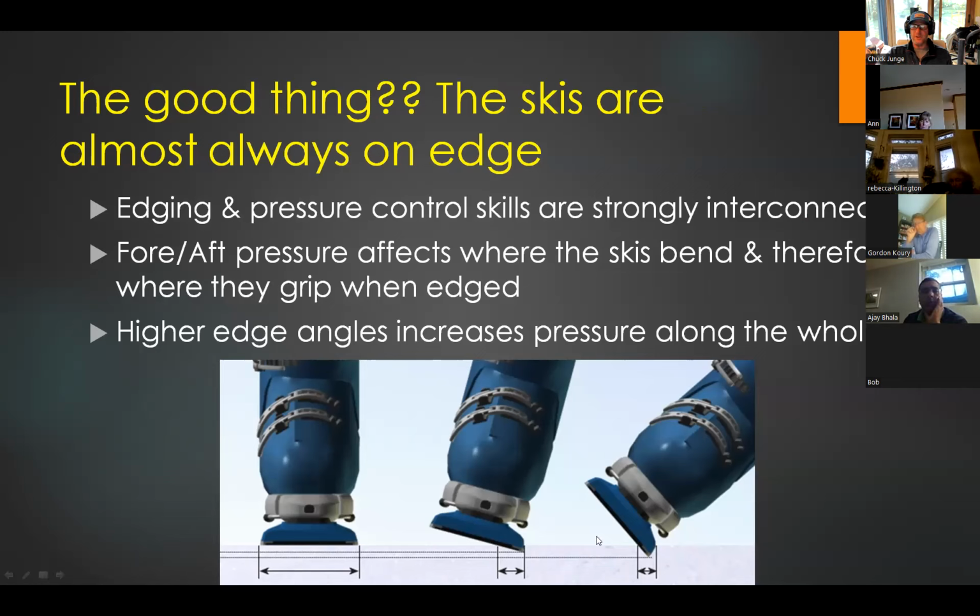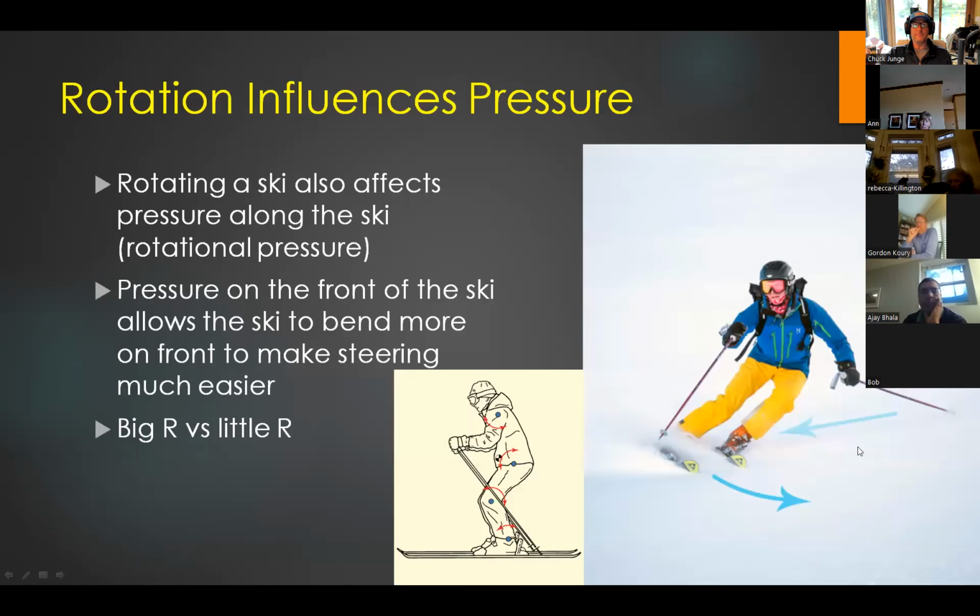I've got this little illustration here showing how the ski surface area decreases the more that we increase edging. And then rotation influences pressure too.